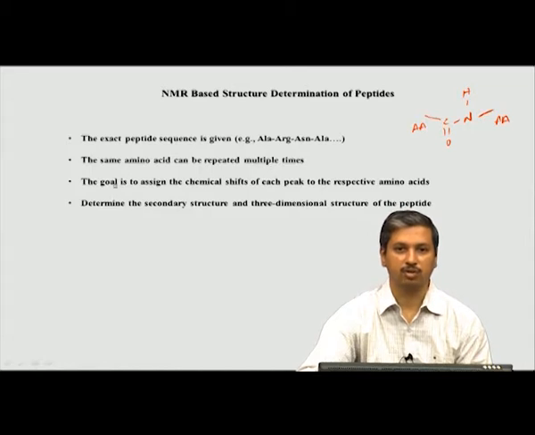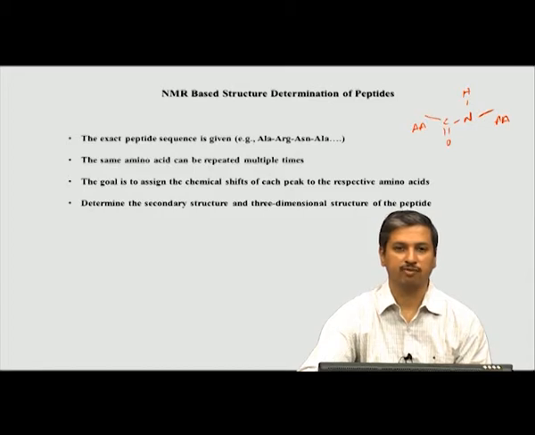So, what are the two goals in our whole project now? The goal is to assign the chemical shift of each peak of the spectrum to the respective amino acid in the peptide. For example, your alanine, which we saw in the last class, has alpha proton, beta proton, alpha carbon, beta carbon.